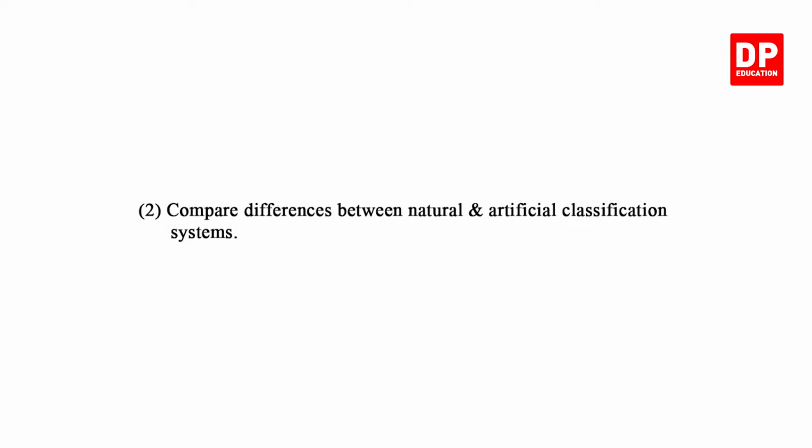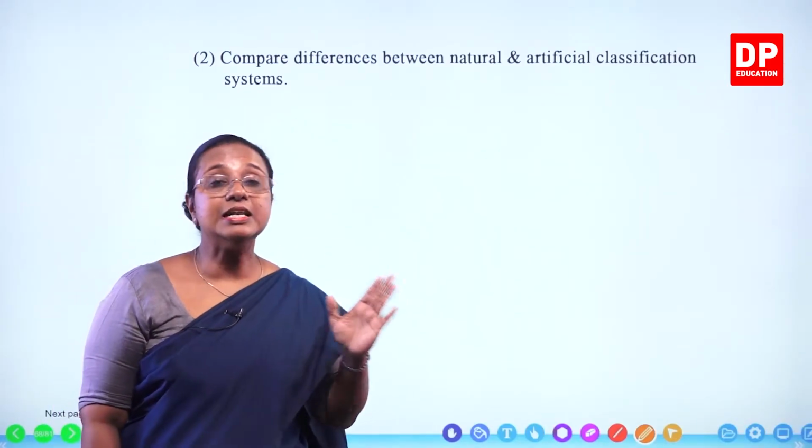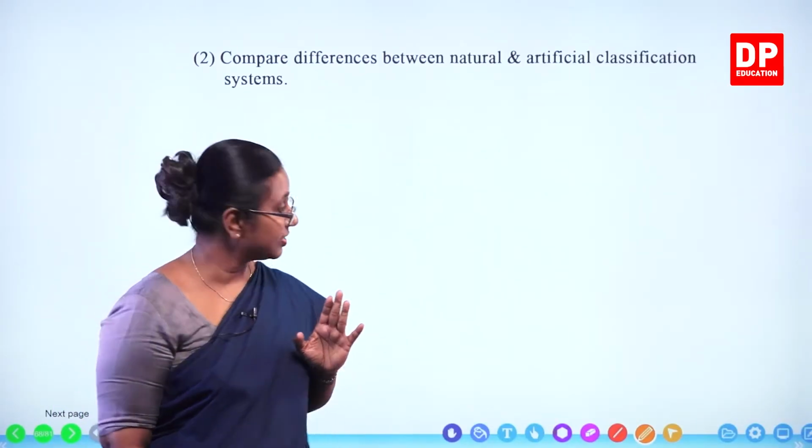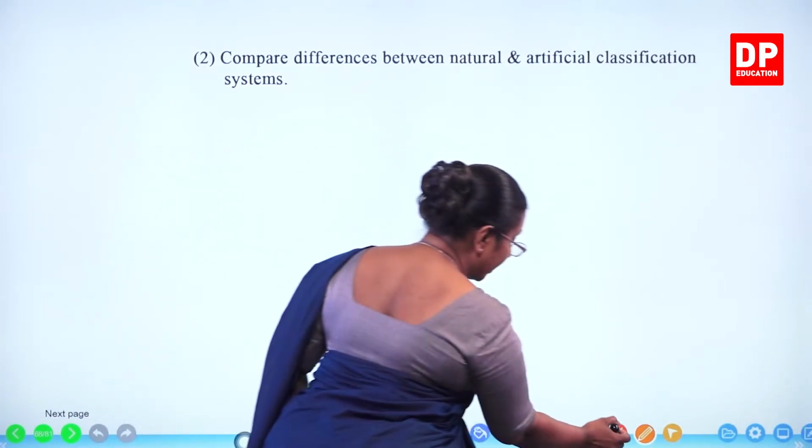Compare differences between natural and artificial classification systems. You all are familiar with the natural and artificial classification systems. I will use a table.